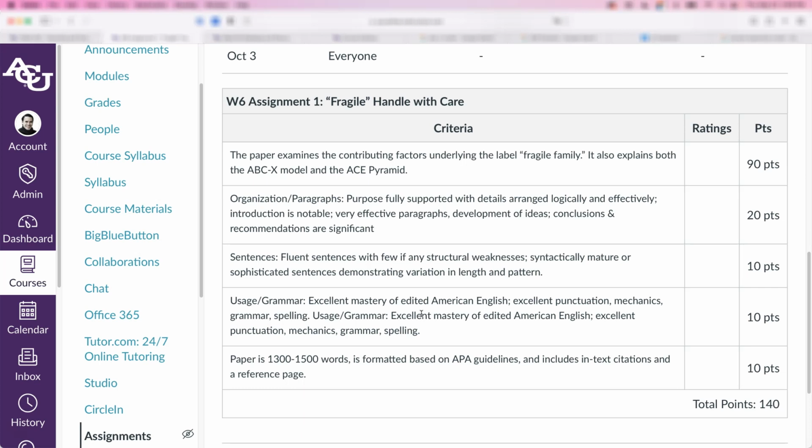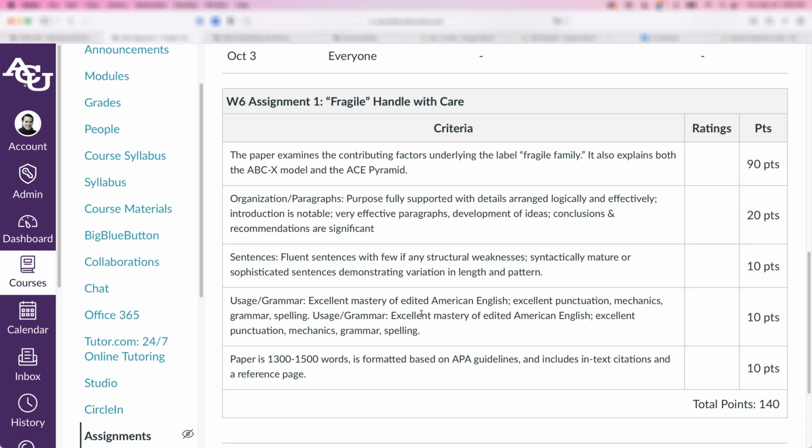Now we have a seventh of the points, 20 out of 140, to is this arranged in a fashion that communicates clearly, with specific discussion of, are the paragraphs organized? Are the sentences making sense? Is it in a logical order where you can see that this is building? Great.